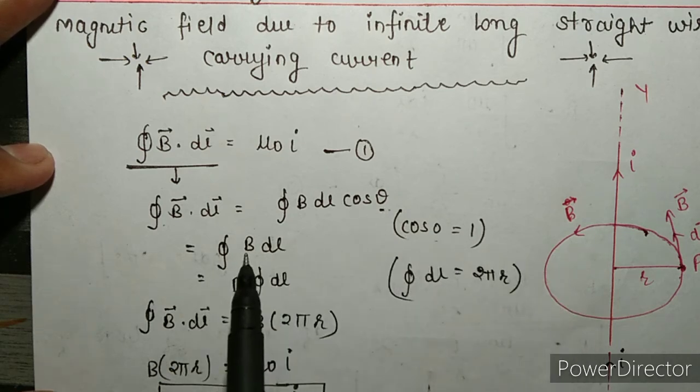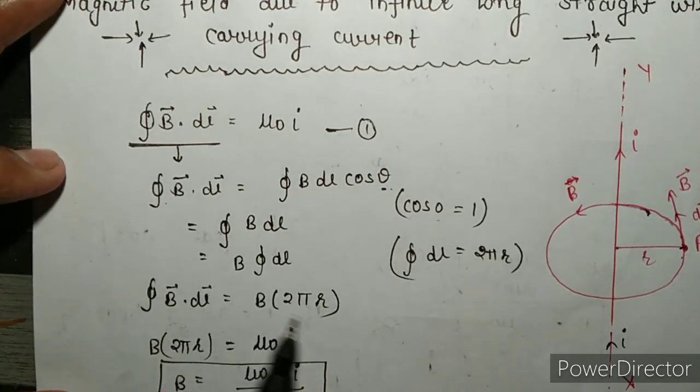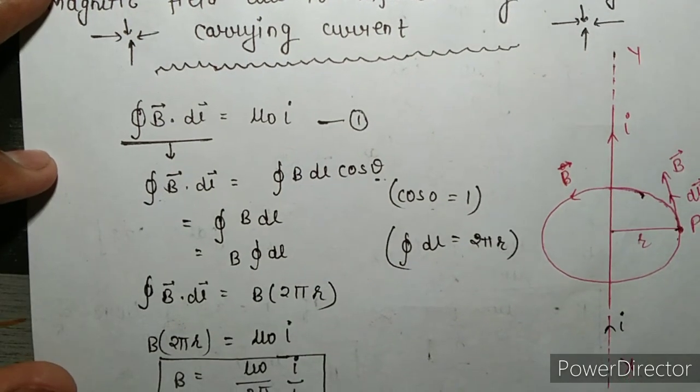B dl, B is taken out from this closed integration because B is the quantity which I have to find and will be constant because current is constant.